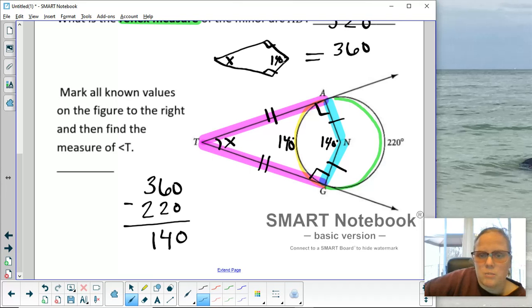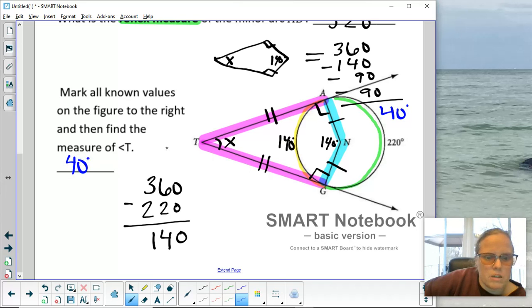So we just need to subtract off what we know to find that missing angle T. All right, so 360 minus 140 minus 90 minus 90. Now, if you're like me, I'm not super great at doing the math in my head. I might want to have a calculator to compute this. But once you compute this, you should get a measurement of 40 degrees. So our measurement for angle T is 40 degrees.